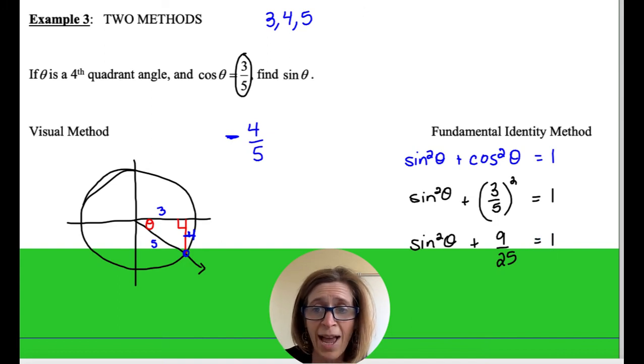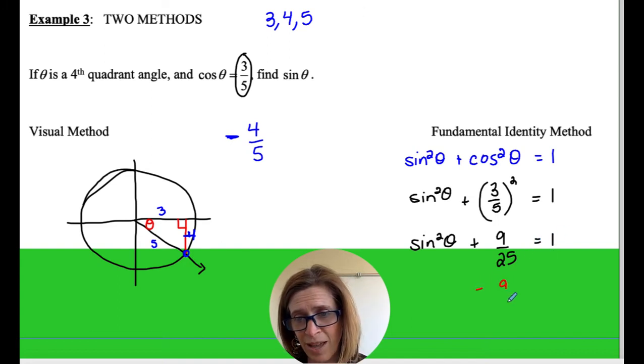I'm going to subtract 9 over 25 from both sides. That's going to give me 25 over 25 minus 9 over 25, which gives me 16 over 25.